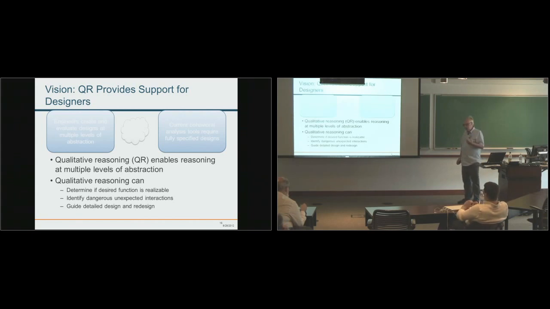So the vision that we have, and we got to do some of this in AVM, is to do the design in QR space. The advantage of QR is it's much more abstract, so the density of solutions is relatively low. So we try to determine whether qualitatively a design doesn't meet its behavior, and then you know it couldn't possibly work.